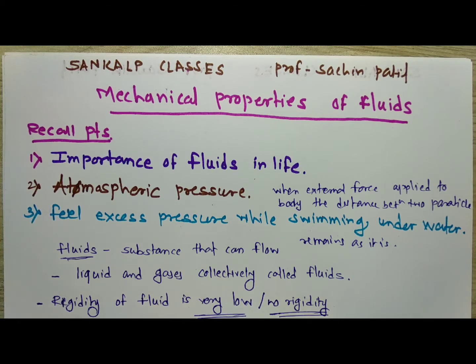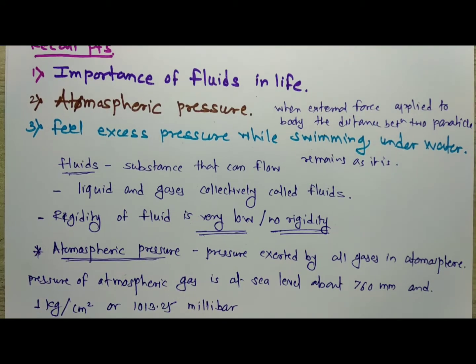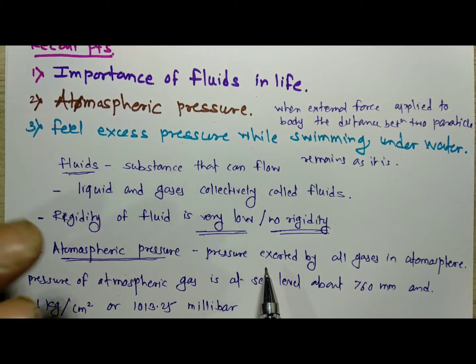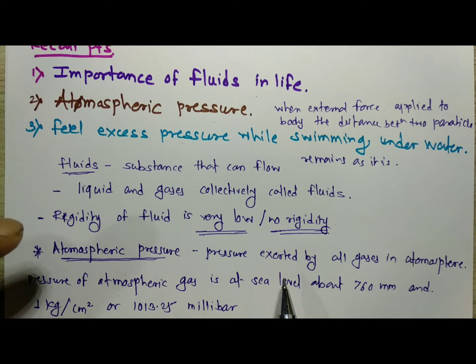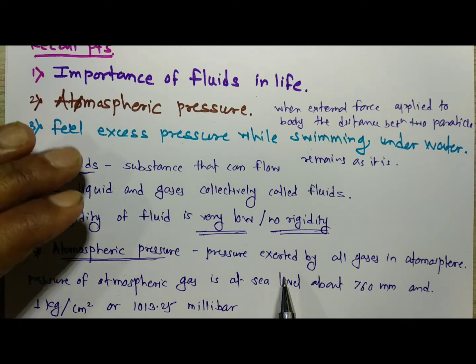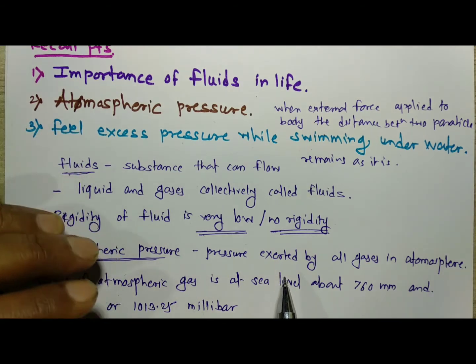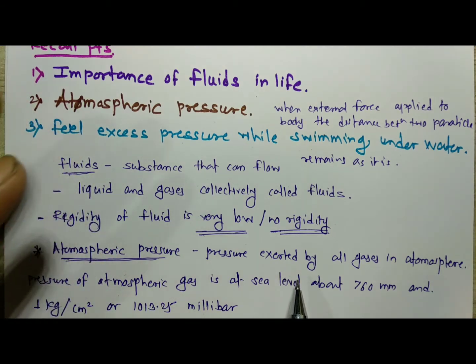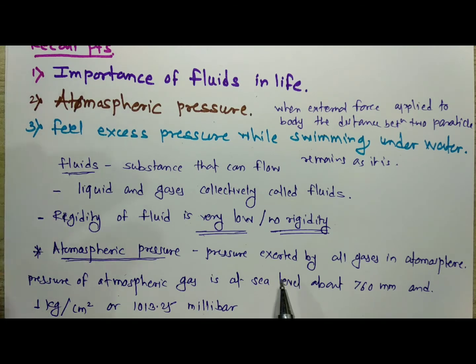And next we are going with atmospheric pressure. What is it? It is the pressure of all gases in the atmosphere, because going from the surface of earth upward, you get a column of gases, and those gases provide pressure on the surface of earth. The pressure exerted by all gases in the atmosphere is atmospheric pressure.